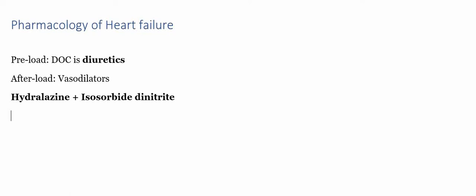And we don't want vasoconstriction in heart failure because vasoconstriction leads to increased afterload, which means the heart has to do more work to pump the blood which it receives. Vasoconstriction is bad, and the retention of water, fluid and salt is also bad because that leads to increased preload.